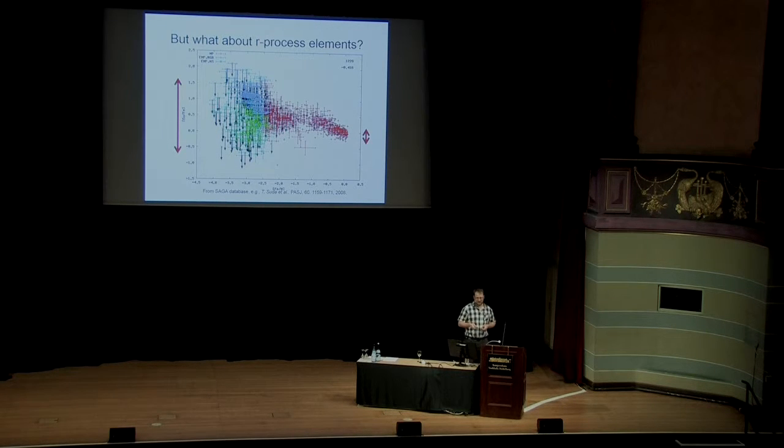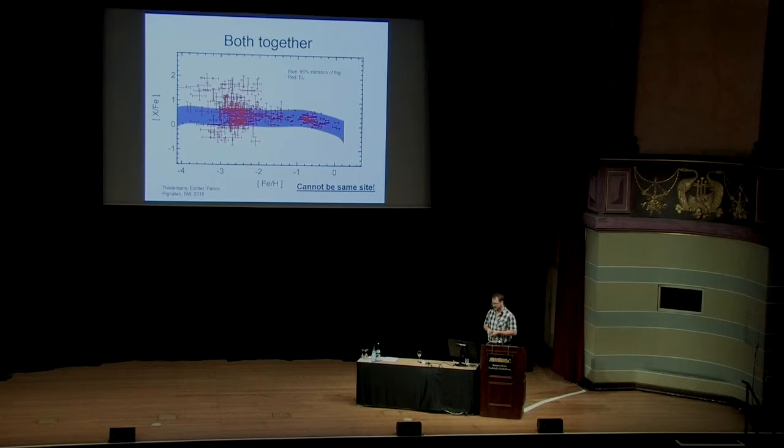So if we plot one on another, then we can see right away, so the blue field here is 95% of the magnesium abundances, and the red points are the europium abundances. We see right away that it is totally different behavior.